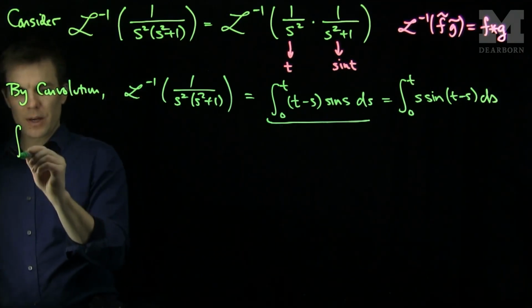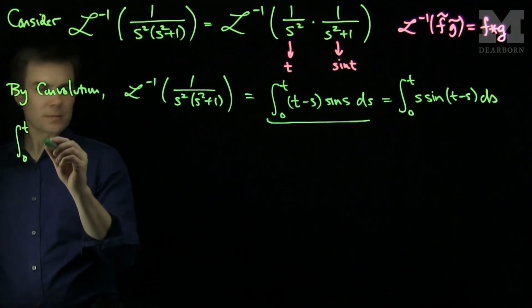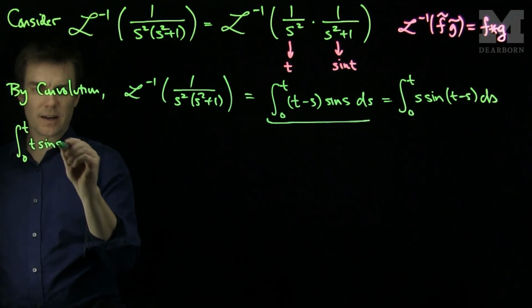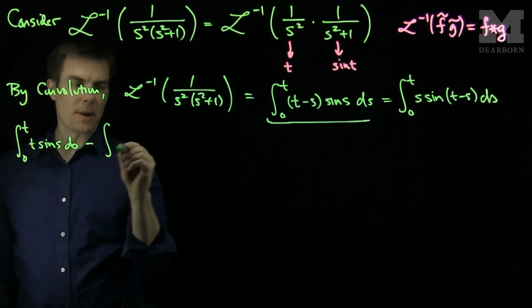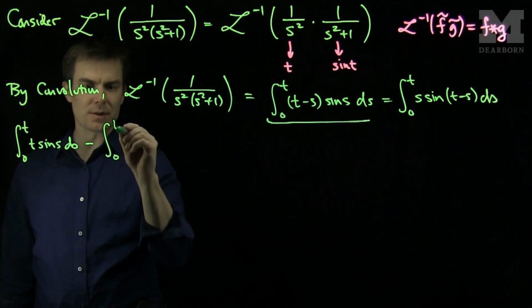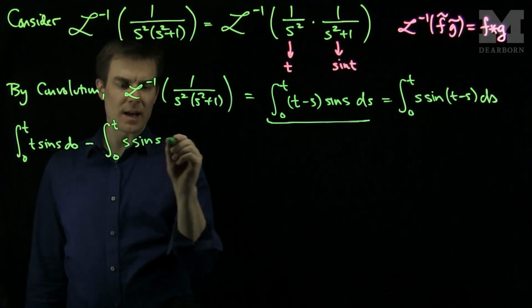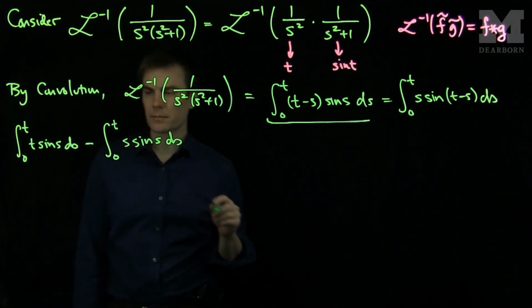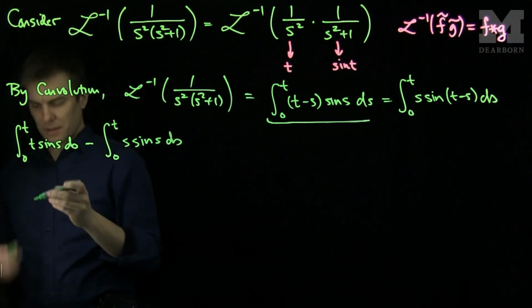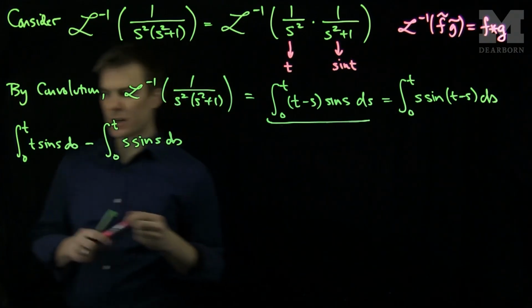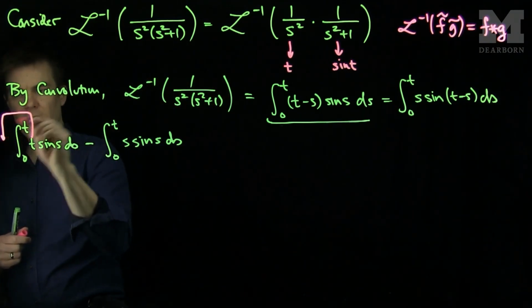It will be equal to the integral from 0 to t of t times sine of s ds minus the integral from 0 to t of s sine s ds. Since this is a ds integration, I can take this t out of the integral.